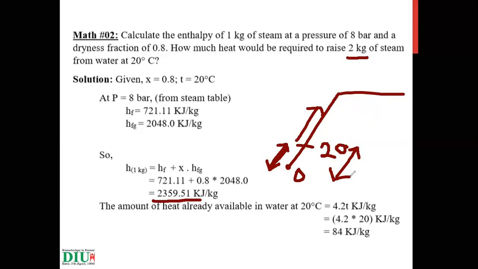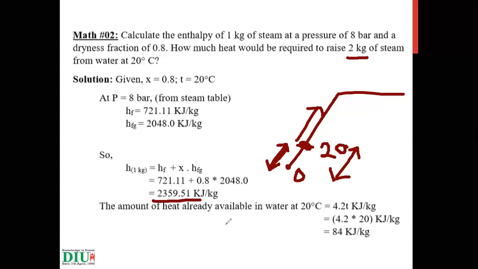If you subtract 5 from 20, you will get the value from 20 to 100 meter. This is exactly the same case, because we have to calculate from 20. We have already calculated the total sensible heat from 0 to the boiling point. Now we will calculate from 0 to 20 and subtract this portion from the total heat.